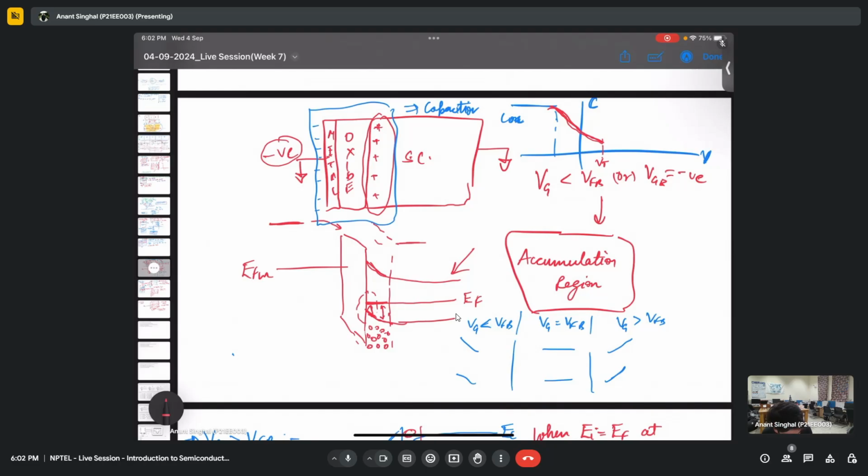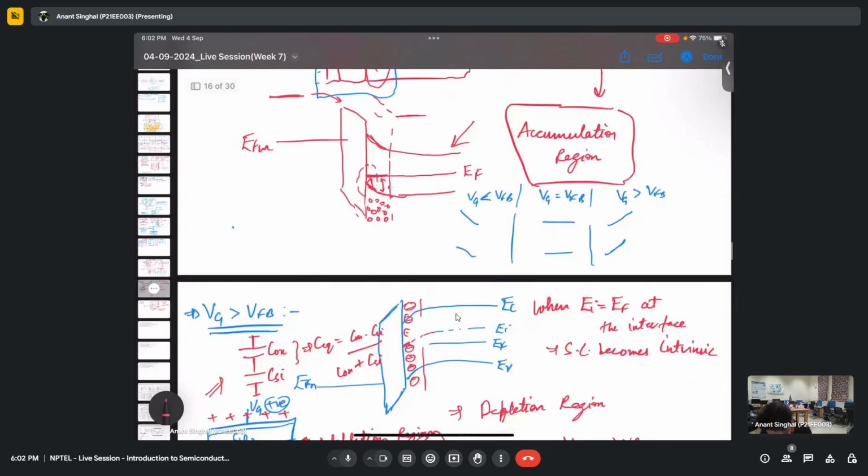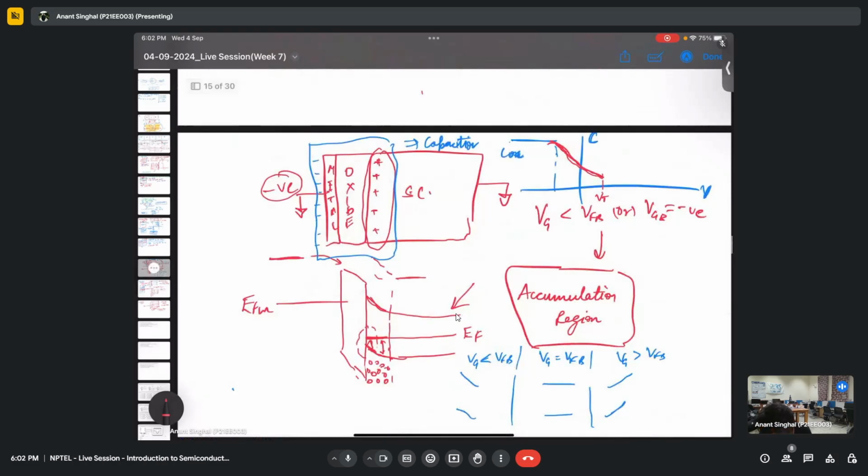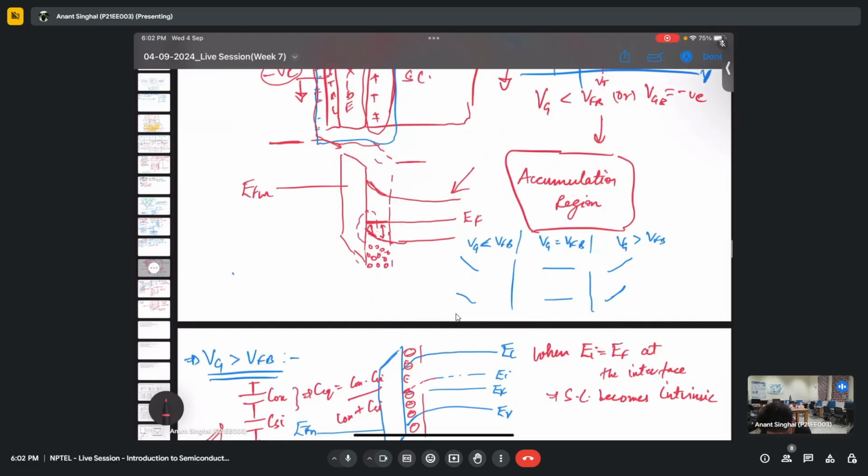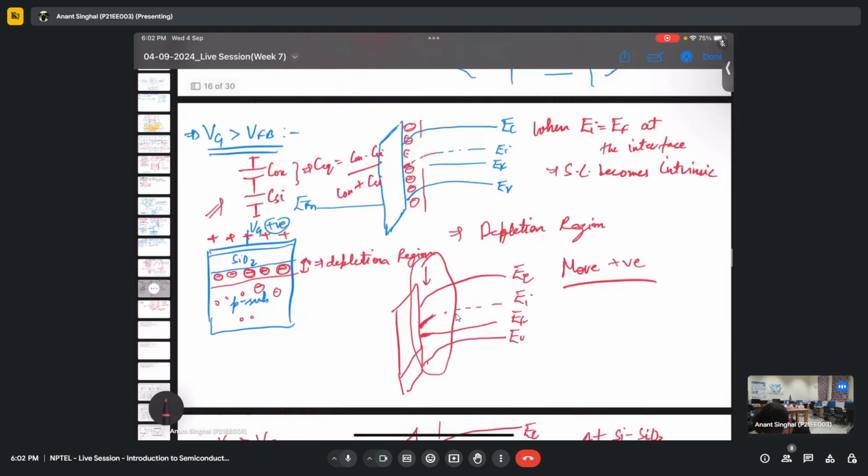Repeat again, sir. Okay. So in the previous case, I hope you remember for the accumulation, what was happening is we have the majority holes at the interface and we have the negative voltage applied. So we have a constant capacitance, which is nothing but Cox. I'm denoting it with Cox. But once we apply a positive voltage, we have the accumulation of Na minus, that is the depleted ions, and we have a lot of holes here, like the positive charge.